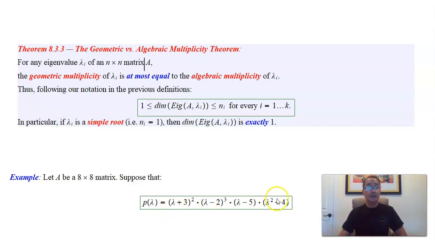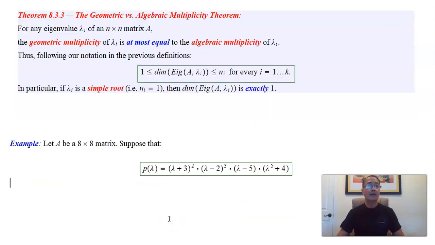Okay? So this is a possible factorization for the characteristic polynomial of an 8 by 8 matrix. So we talked about power 1. What if it's a simple root? So lambda minus 5 is an example of a simple root. And it's the only simple root for this P of lambda.